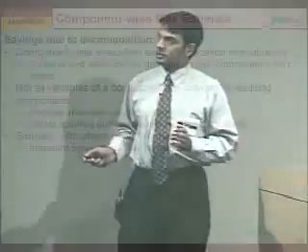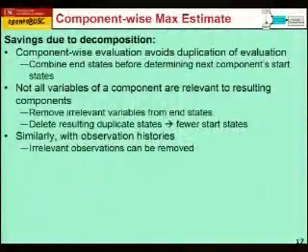So it's no longer important to maintain all the variables which were important for the first component. You're now dealing with a smaller set of relevant variables, and you can remove the irrelevant variables from the end states, and this results in a smaller set of start states for the remaining components.